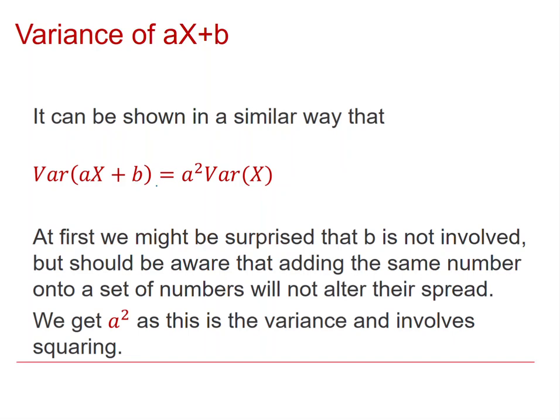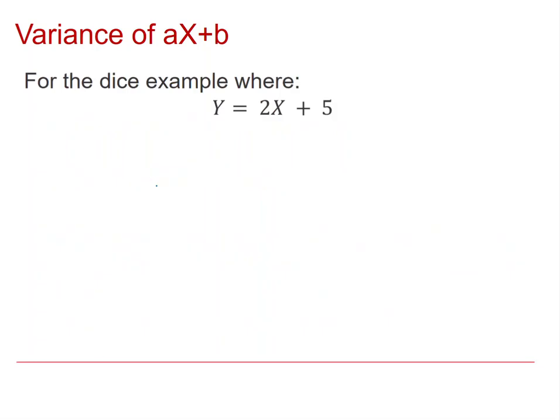And as the variance is a measure of spread, it means that adding or subtracting a value to all the numbers within your distribution will have no impact at all on your variance. And we've got an a squared as the variance involves squaring. If we were to do this for standard deviation, you'd just get a times the standard deviation of x.